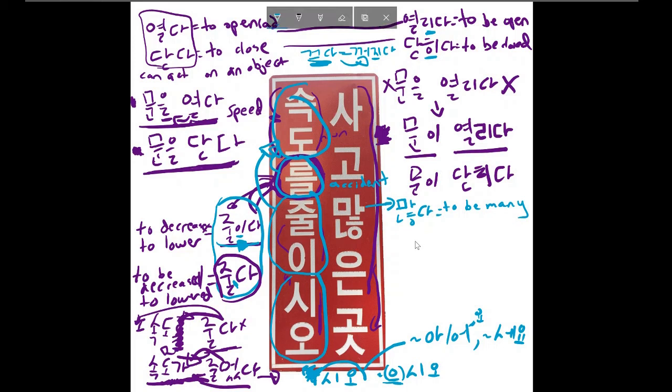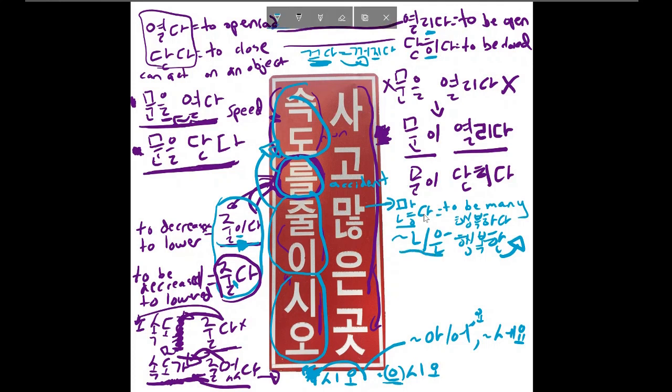If you add this or this to an adjective, for example, 행복하다, to be happy, and you add this to 행복하다, you get 행복한. That allows me to describe an upcoming noun. That's what I have here. I have 많다, but I removed 다 because I'm talking about the stem, and I add this to the stem of 많다.